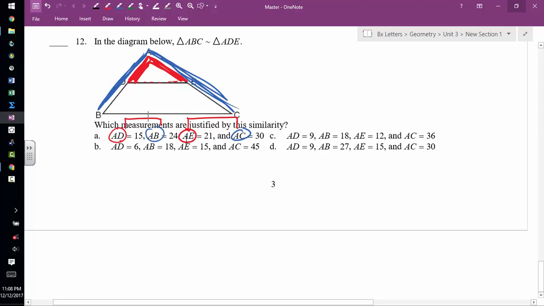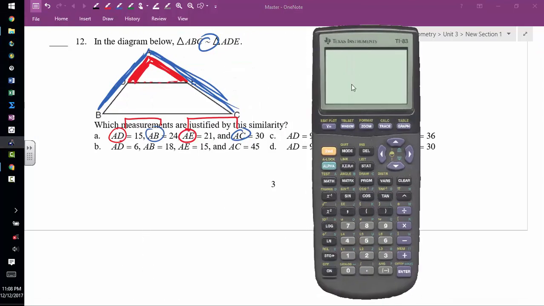And I'm just going to verify that they're equal to each other, because if they really are similar, then corresponding sides have to have equal ratios. So if I find the pair that have equal ratios, that'll be my answer. So let's go ahead and get started.